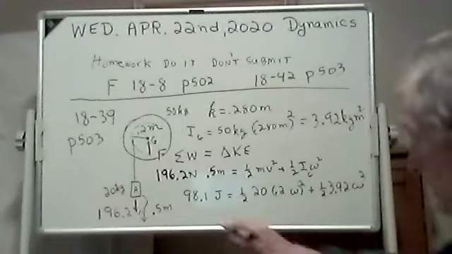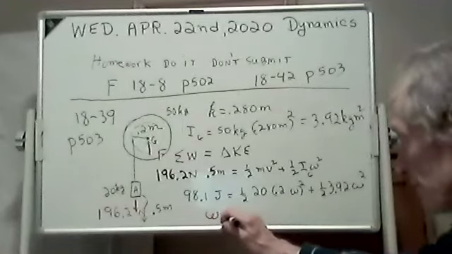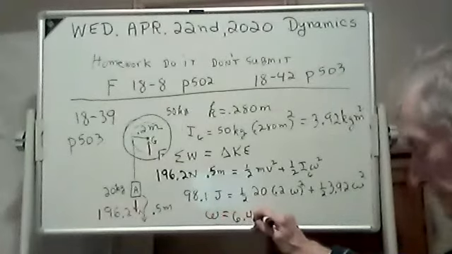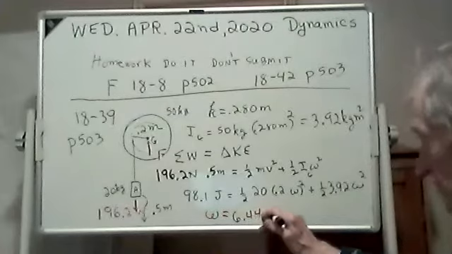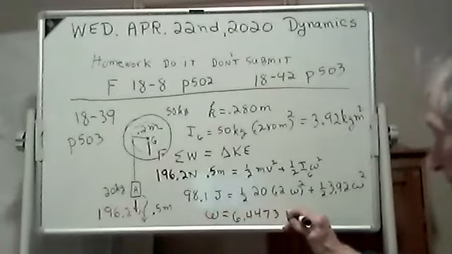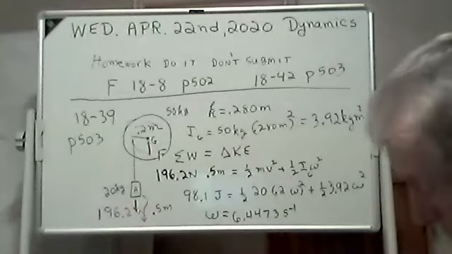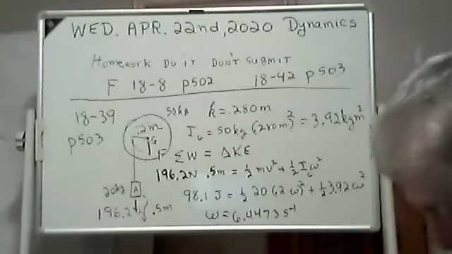Well, I did all that, and I'm coming out with an omega of 6.447 something radians per second. I'd have to check this to feel good about it. Let's look and see if that's what they said. I'm going to look up their answer.